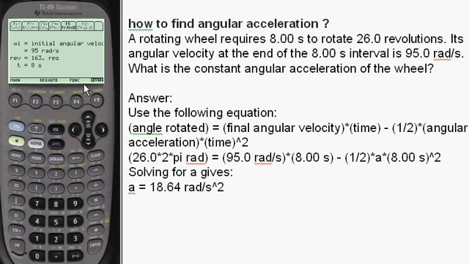And then we check, we got initial angular velocity, okay, 95 rads per second. Revs equals 163 RPS, and T equals 8 seconds. Looks pretty good. Here's the formula for angular acceleration.